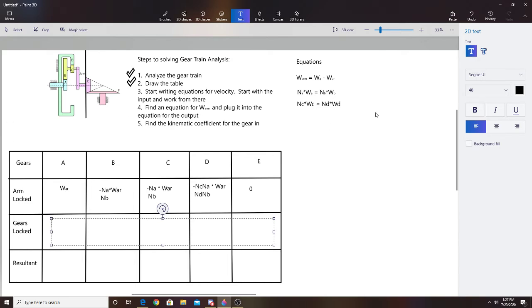So the velocity of the arm is equal to the velocity of gear E, right? Would you guys agree with that? Since they are connected to the same shaft, they have to be the same. So therefore, what we should write here is WE. Although I am going to change that because that makes it look like we.